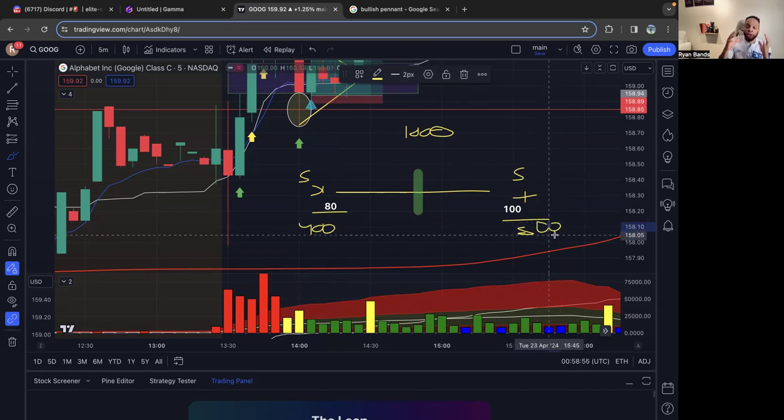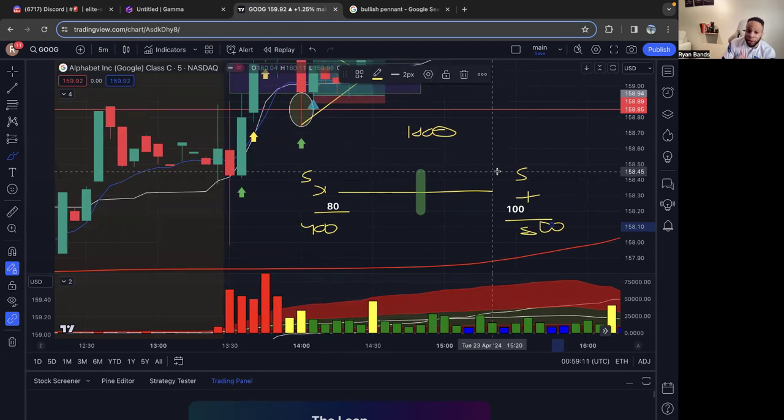So your total size in this trade is $500 plus $400. What's $500 plus $400? That is $900. But now you have 5 and 5 contracts, so you're in for 10 contracts at a total position size of $900.